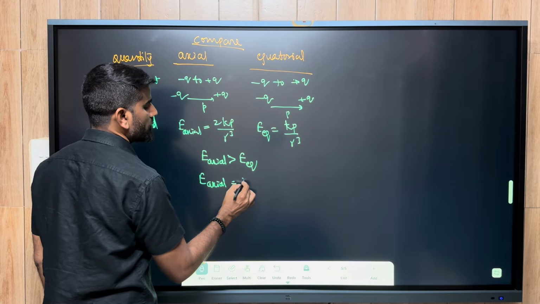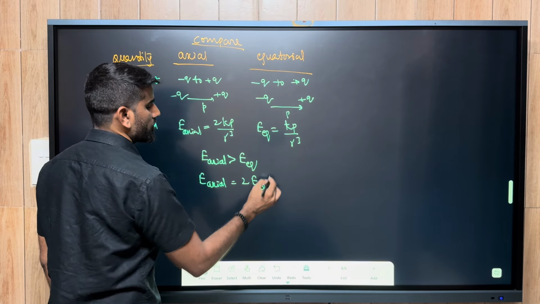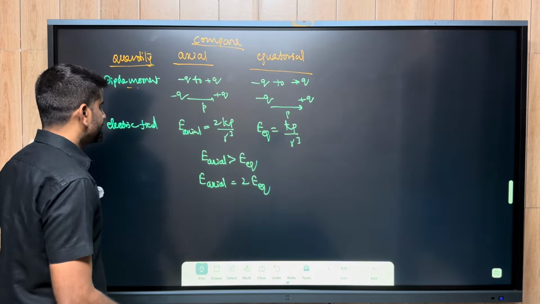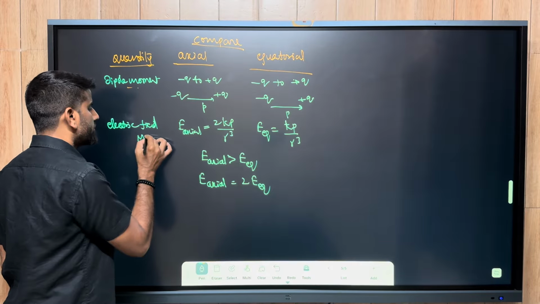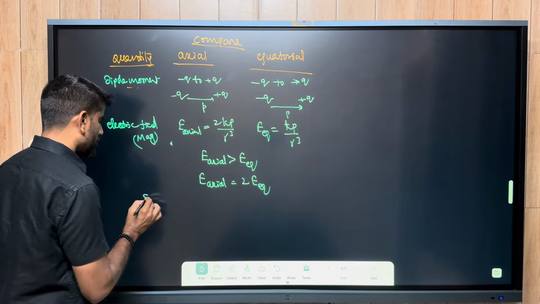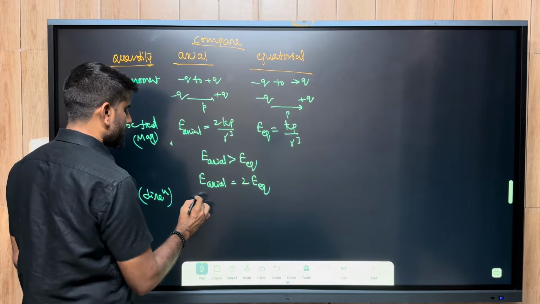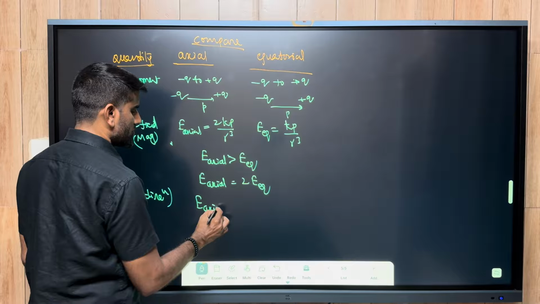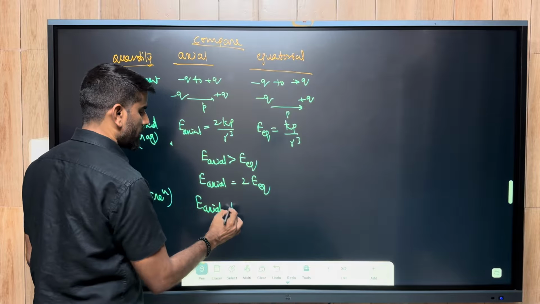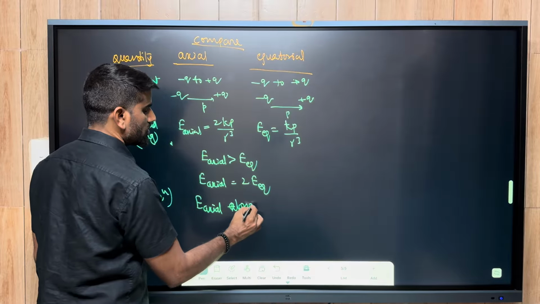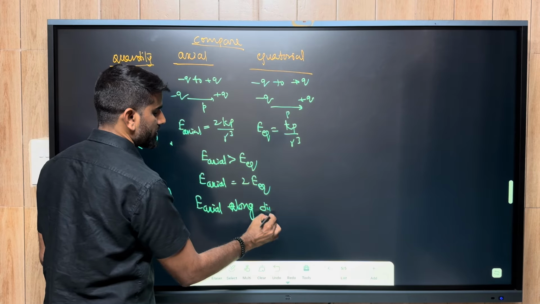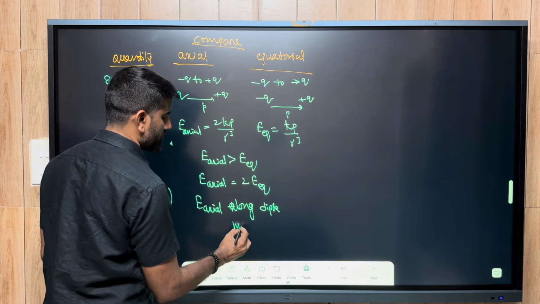E axial is equal to 2 times E equatorial. Clear? Now, direction. Magnitude we have discussed. Now coming to direction. So E axial direction is along the dipole moment.